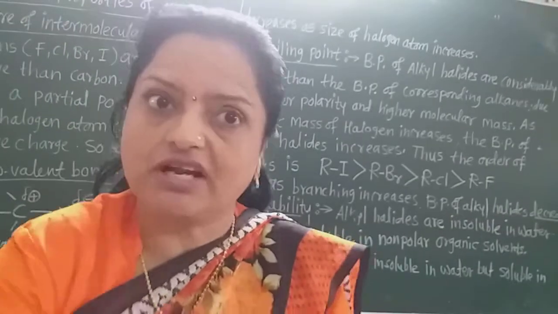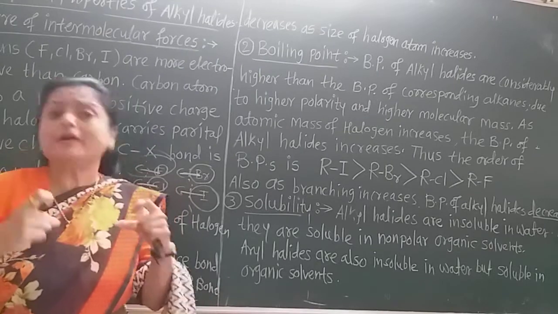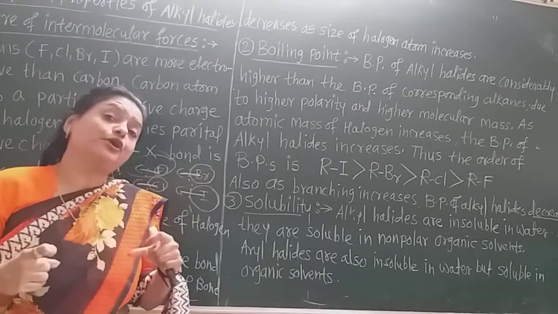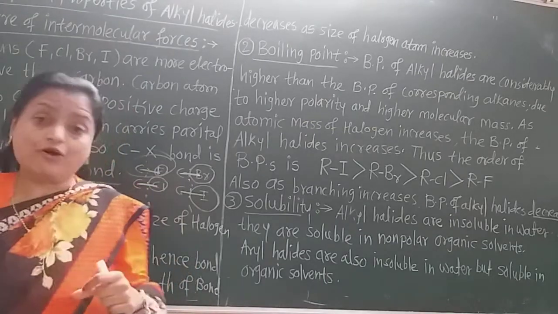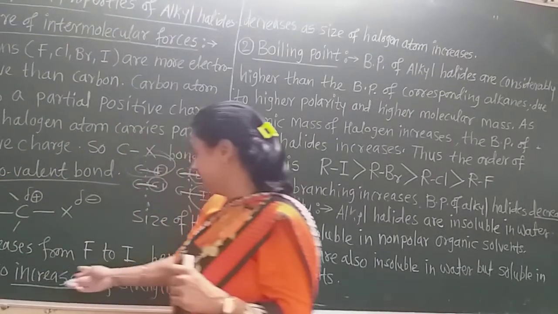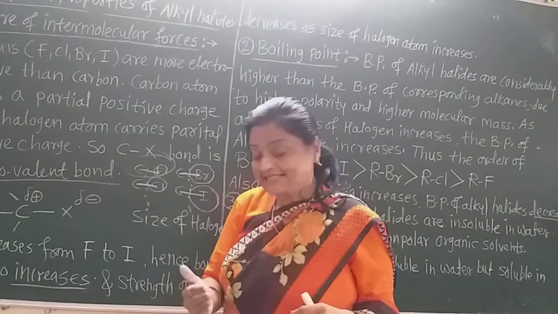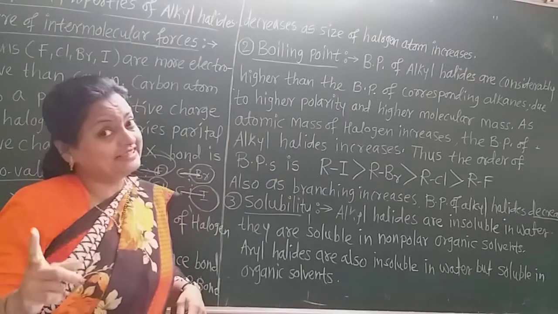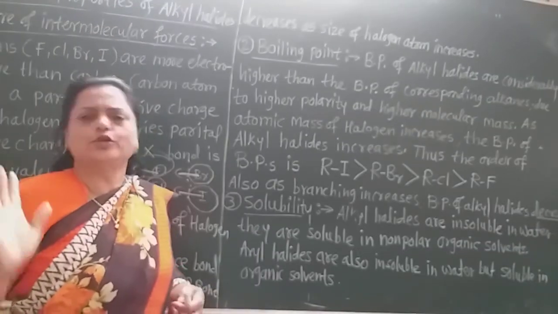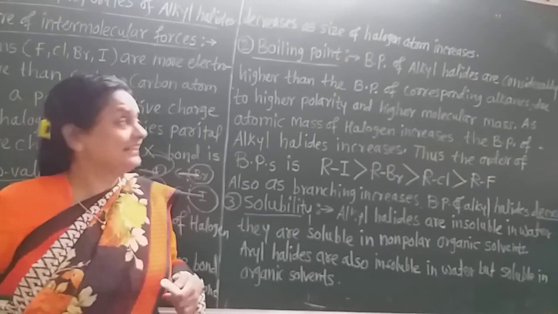Strength means power; maximum energy is required to break a short bond length compared to a large bond length. What is given here: as the size increases from fluorine to iodine, bond length increases and the strength of the bond decreases. Though the bond length increases, the strength decreases; the bond becomes weaker and weaker as the bond length increases.